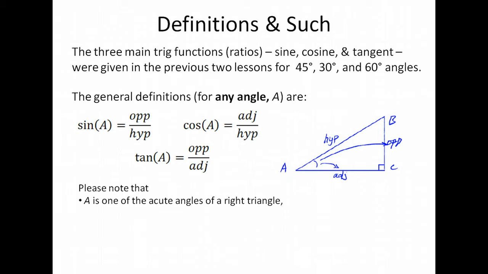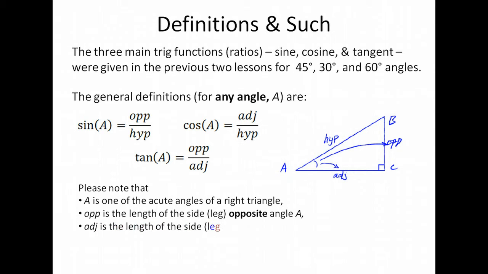So the opposite is the length of the leg that's opposite angle A, and in this case that is the length of the leg BC. The adjacent leg is the length of the side that's adjacent, or next to, angle A. In this case it's AC. Hypotenuse, or HYP, is the abbreviation. That's the length of the hypotenuse, which is AB.